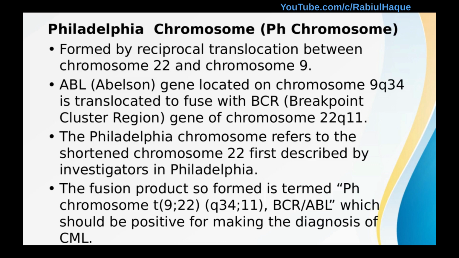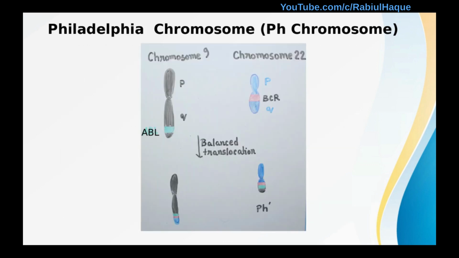The fusion product so formed is termed Philadelphia chromosome, and it is written as such. And this should be positive for making the diagnosis of chronic myeloid leukemia. So this image is summarizing how Philadelphia chromosome is formed by balanced translocation between chromosome 9 and chromosome 22. So on the top left we can see a normal chromosome 9.